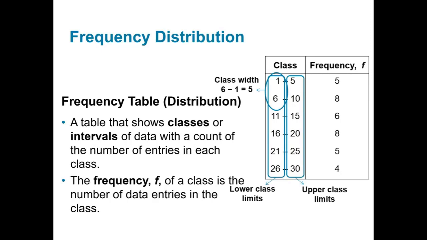That's where most everybody is going to fall, right? So that's really the advantage of combining this data like this. It's going to help us see where most of our data values fall.